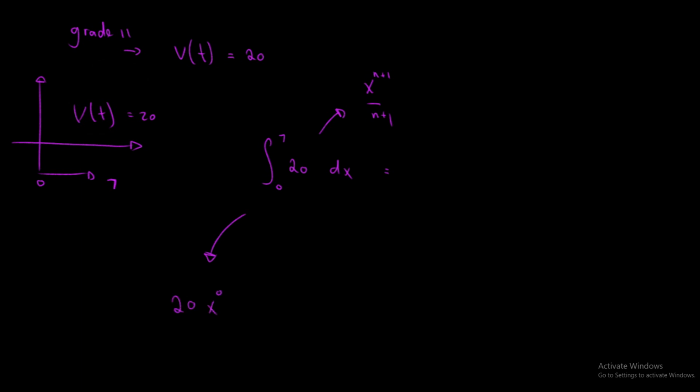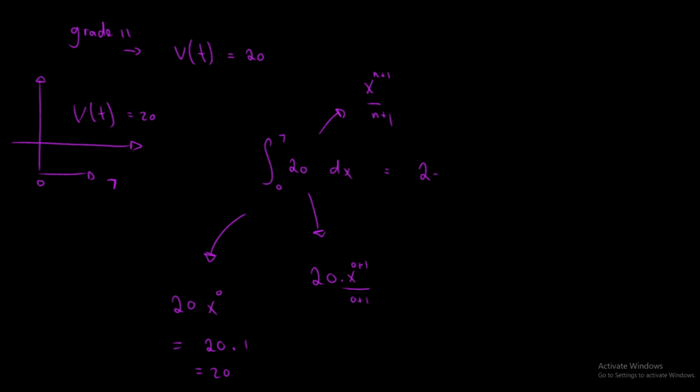Currently I have x to the power of 0. So let's define this equation quickly. So that's going to be 20 times 1, which is simply 20. So now I can say, well, if I have to add 1, I can say, well, 20 times x to the power of 0 plus 1 over 0 plus 1, which is simply just x to the power of 1.